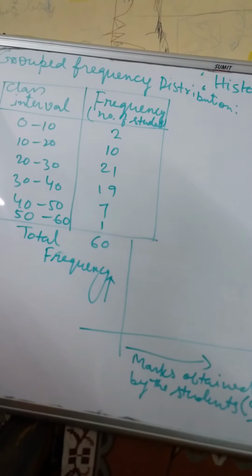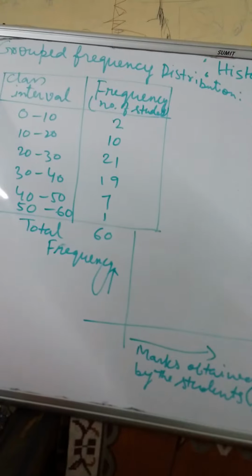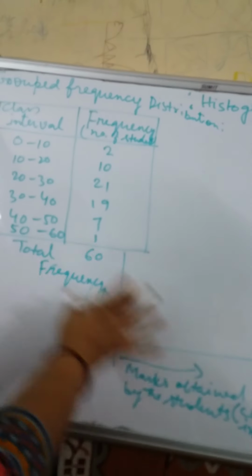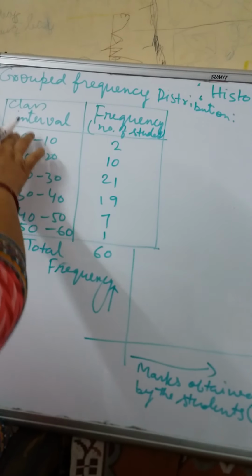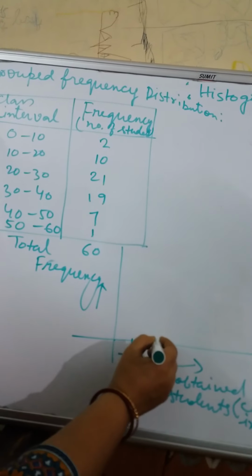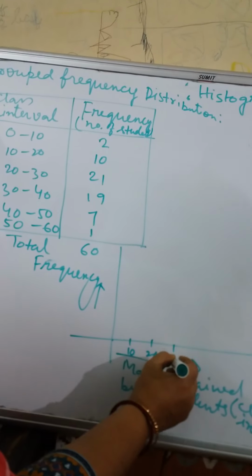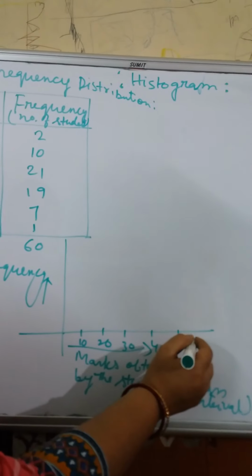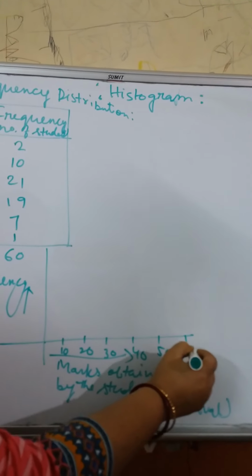Okay, now the same way that we have done the bar graph, we have to divide this range into classes. So see, this is 10, 20, 30, 40, 50, 60.